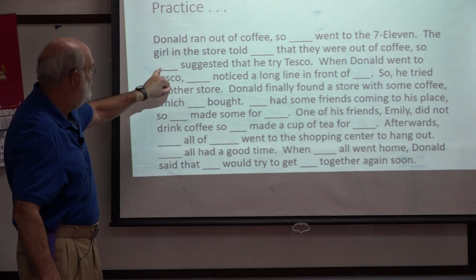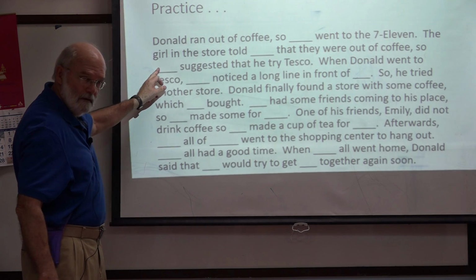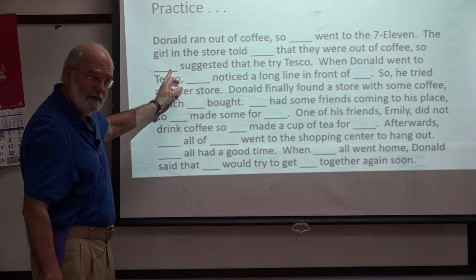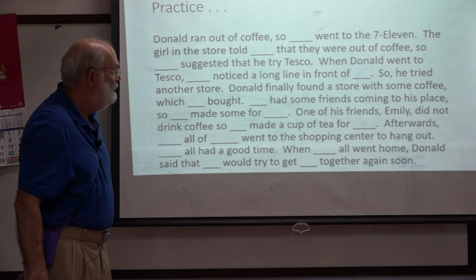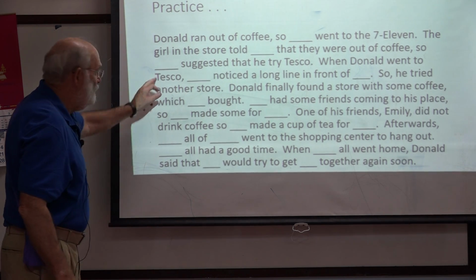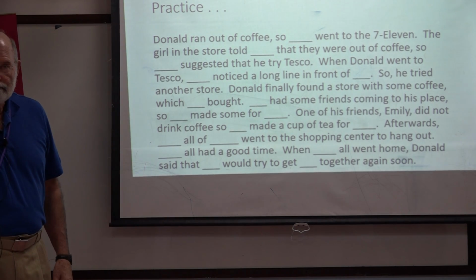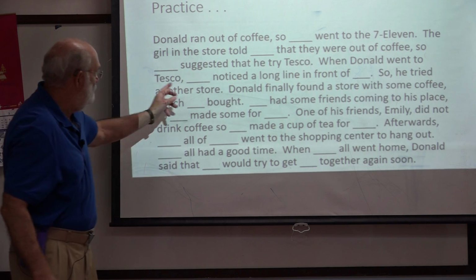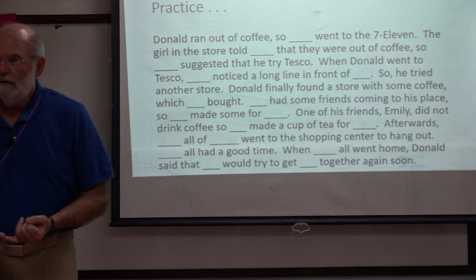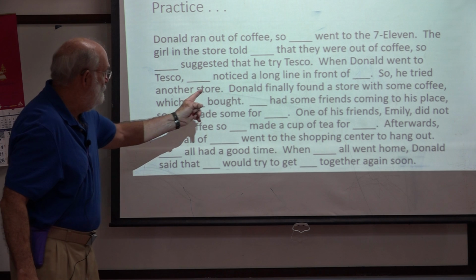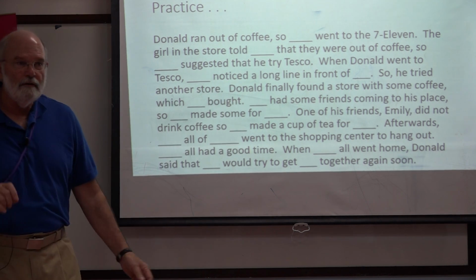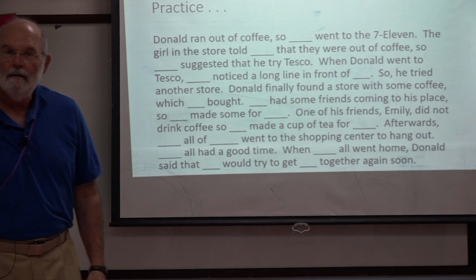And we use she because we have a clause. She is the subject of the clause. When Donald went to Tesco, he noticed a long line in front of him.